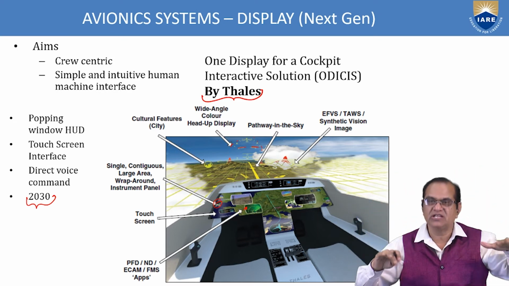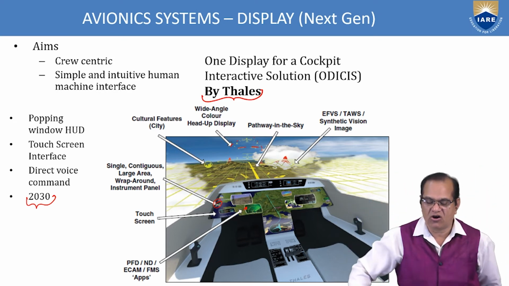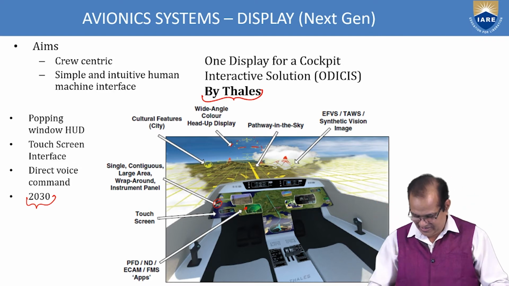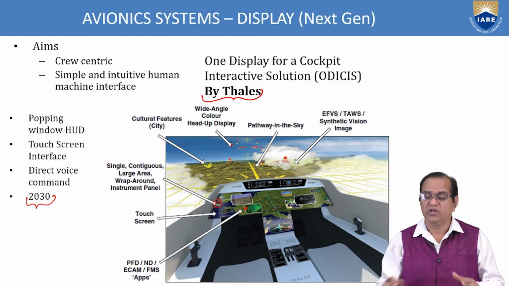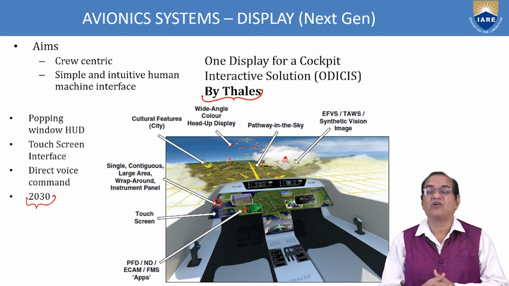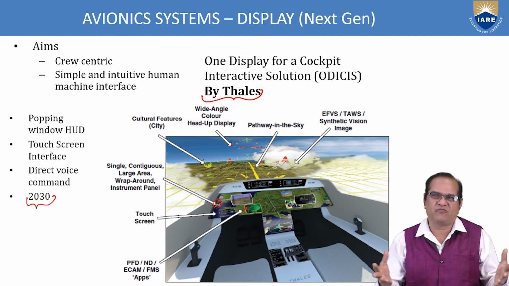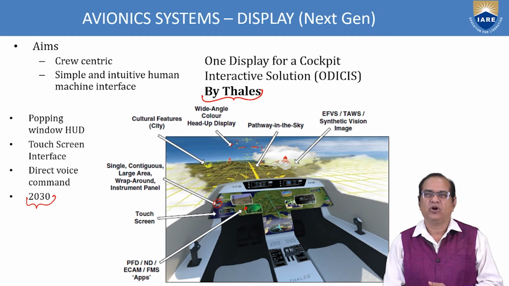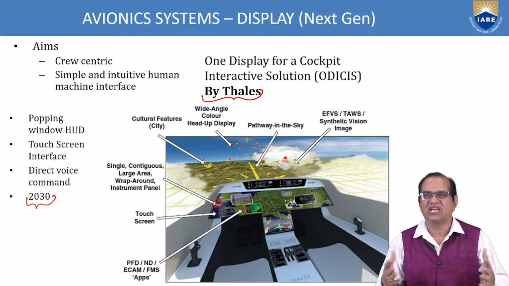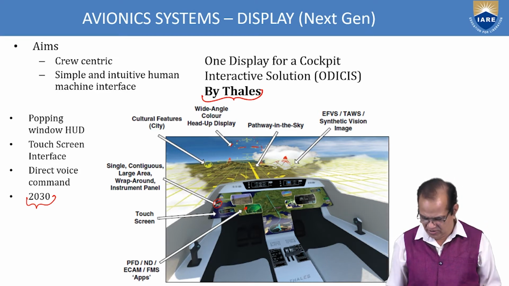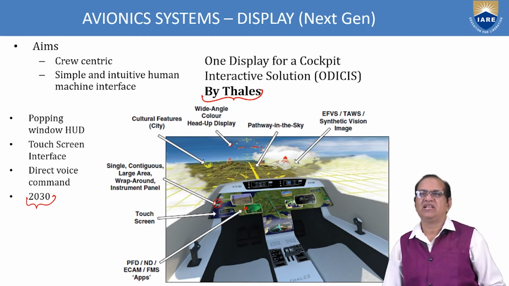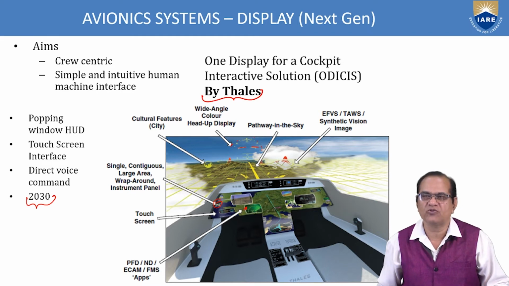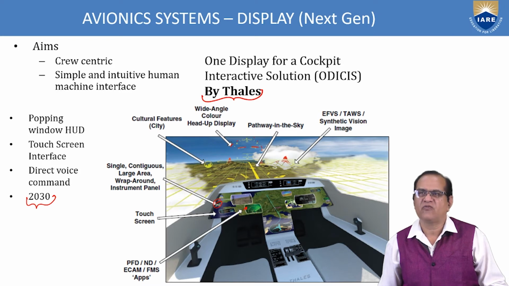You need not see below. Everything is on top of your system. So this is the next generation. We are in the middle of 2022, and within 4 or 5 years we are going to get this type of cockpit in most of our new commercial aircraft.